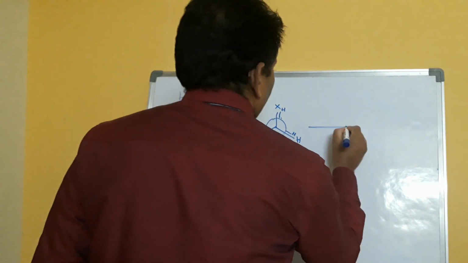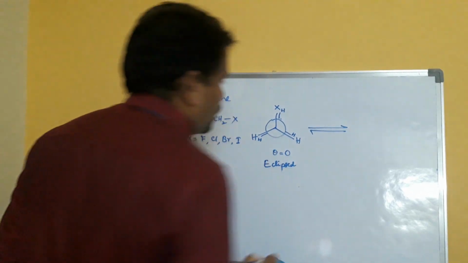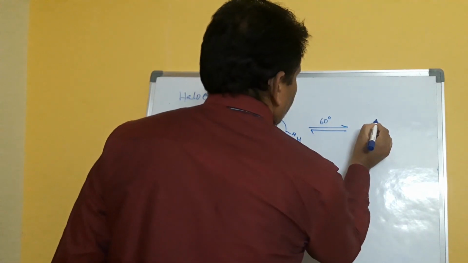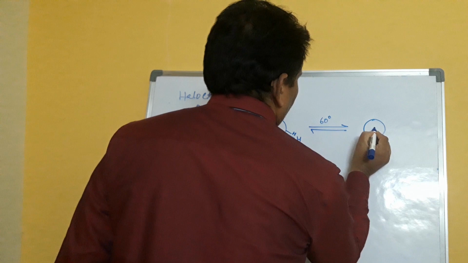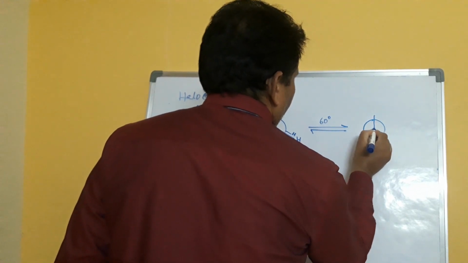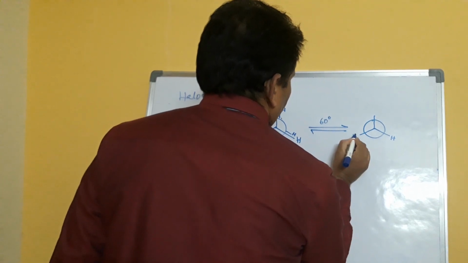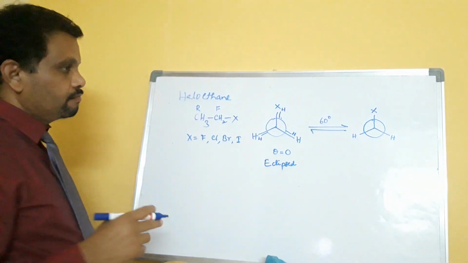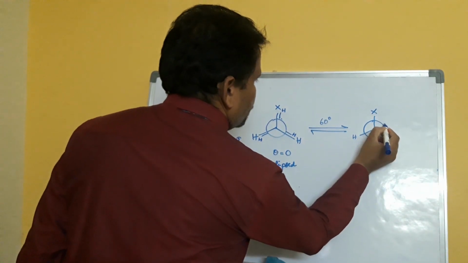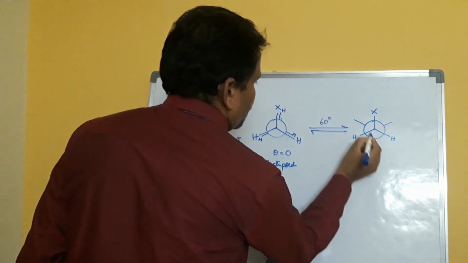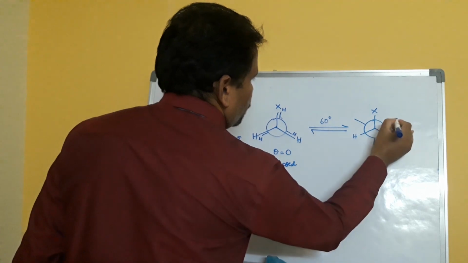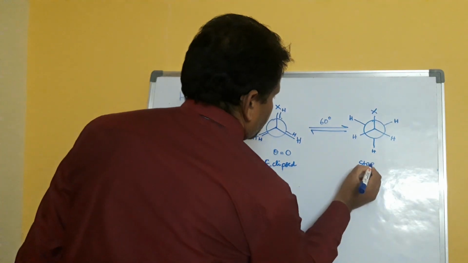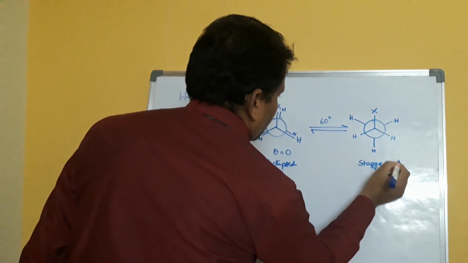If you rotate the C-C single bond by 60 degrees, on the front carbon you keep all the atoms in the same position, and you rotate the back carbon so that it moves 60 degrees, so all the hydrogens would be like this. So this is the staggered conformer.